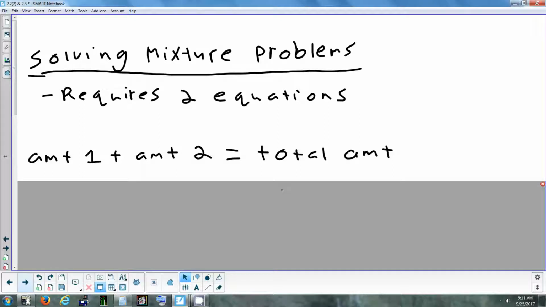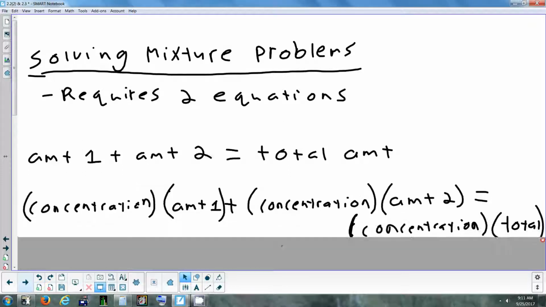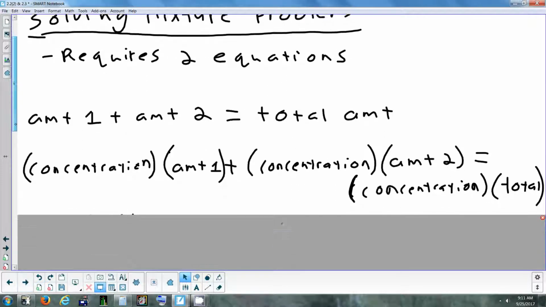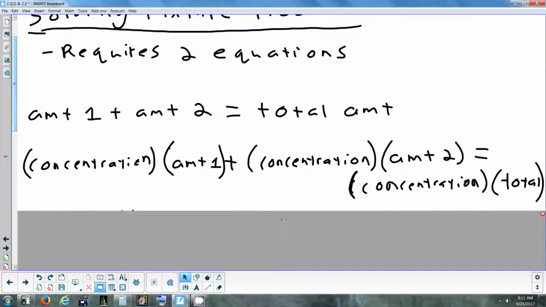So the first equation you set up has to do with the total amount of stuff you want. When you mix the 2 solutions together, do you want 20 gallons, 50 gallons? How much? And then the second equation has to do specifically with the concentrations. It's a concentration times an amount.